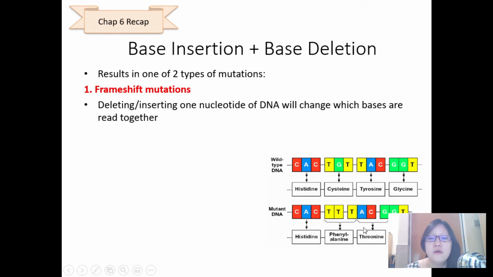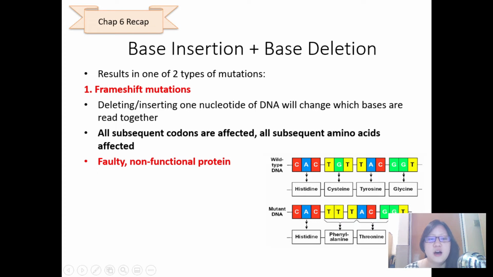You can see how the frame has shifted here. And this results in all subsequent amino acids being affected. So everything after the mutation, all the triplet codes, all the codons are affected, and therefore all the amino acids are affected, and this protein is definitely faulty and non-functional.